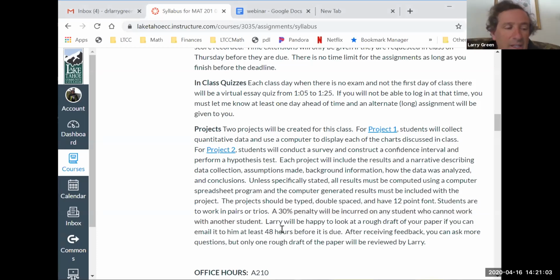So the first thing you should do and should have already done, and that is find a partner. That was number one. Number two is come up with your idea of the project. Okay, and when I say you, I should really say y'all, because you and your partners, y'all have to agree on what you want to do for your project. So come up with an idea for your project.